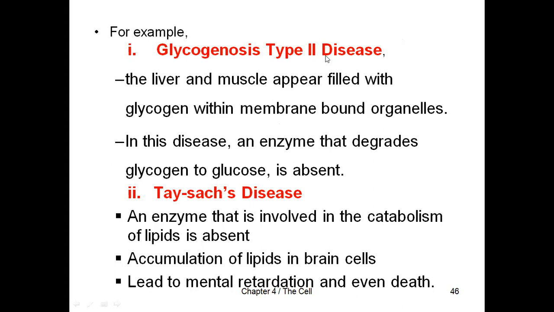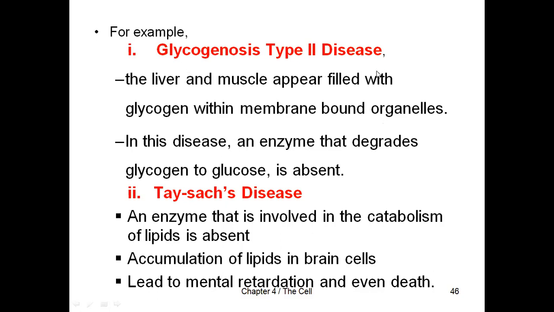Glycogenosis type 2 disease. Write it down in your registers. The liver and the muscles appear filled with glycogen within membrane bound organelles. ऐसा लगता है जैसे इनके अंदर ग्लाइकोजन भरा हुआ है. In this disease, the enzyme that degrades glycogen to glucose is absent. कौन सी disease है?